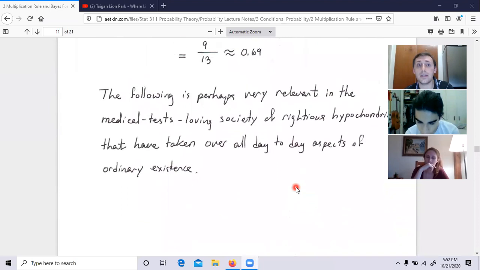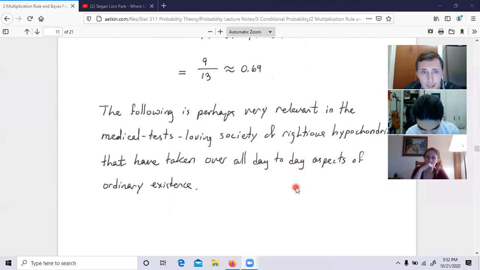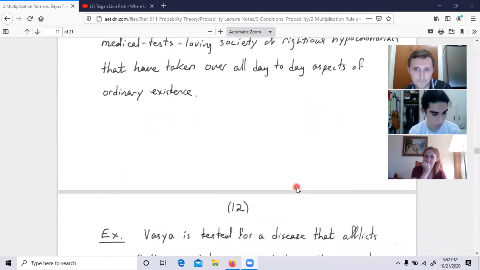So then the next question is actually perhaps rather appropriate given that the situation still continues. The following is perhaps very relevant in the medical test-loving society of righteous hypochondriacs that have taken over all day-to-day aspects of ordinary existence. Right? My God, right?